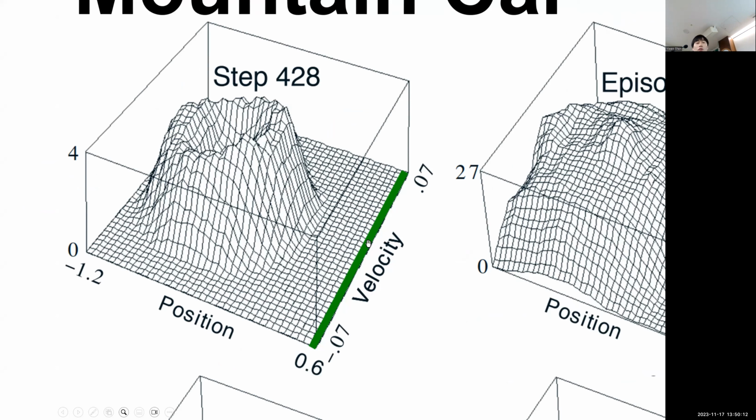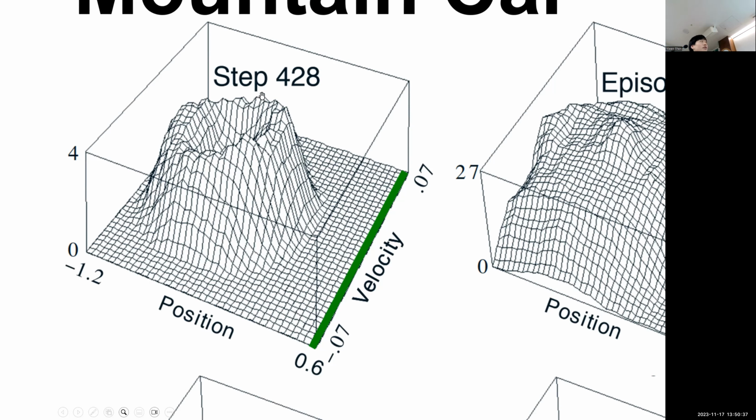Our goal is to reach the green target, which is the peak of the mountain. And our starting point is somewhere here, actually, because it's minus 0.5, which is located somewhere here.